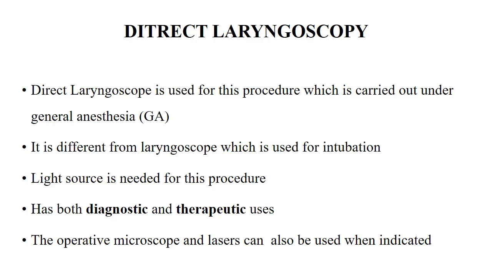It needs a halogen, LED or xenon light source, xenon being the best. Without that, the procedure is not possible, unlike a laryngoscope where a battery is available. Direct laryngoscopy has both diagnostic and therapeutic uses, and as already mentioned, an operative microscope and lasers can be used.